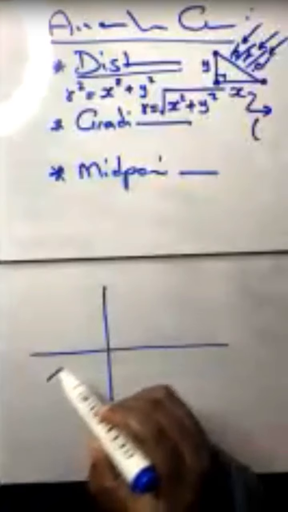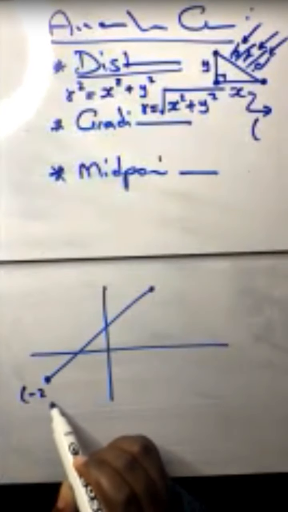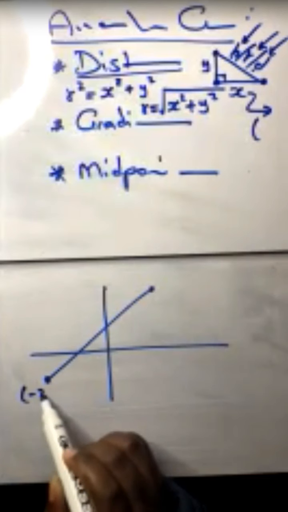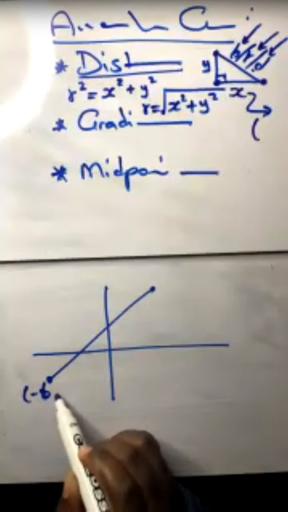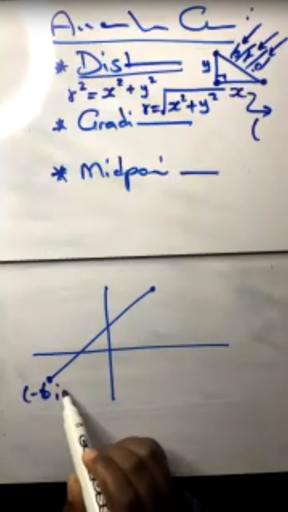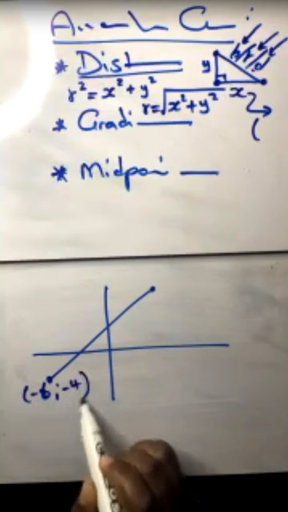Now let's maybe have a mini example. So let's say on a Cartesian plane, we've got a point over there. Let's say that point, obviously, where the values are negative, let's make the x value negative 6, and the y value, let's make it negative 4.